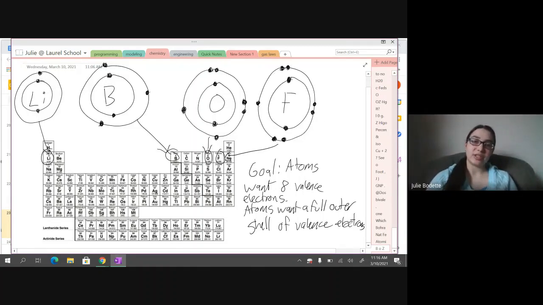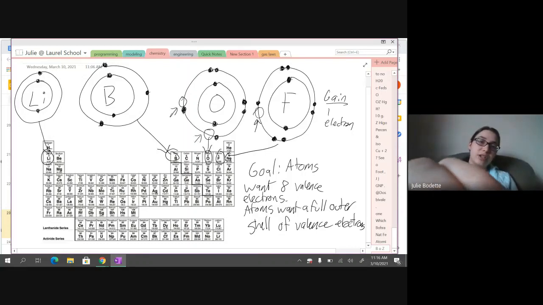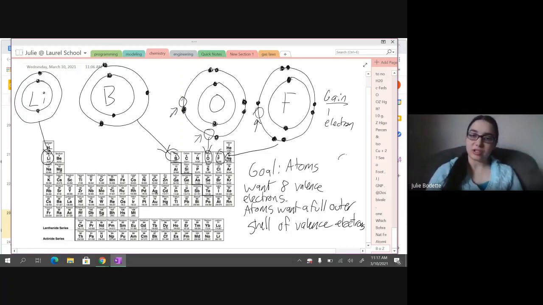Fluorine is missing 1 electron here, right? It's got 1 spot where it could add 1 more. So fluorine really wants to gain 1 electron. Oxygen, we can see there's a spot for an electron here and a spot for an electron here, right? So oxygen really wants to gain 2 electrons.